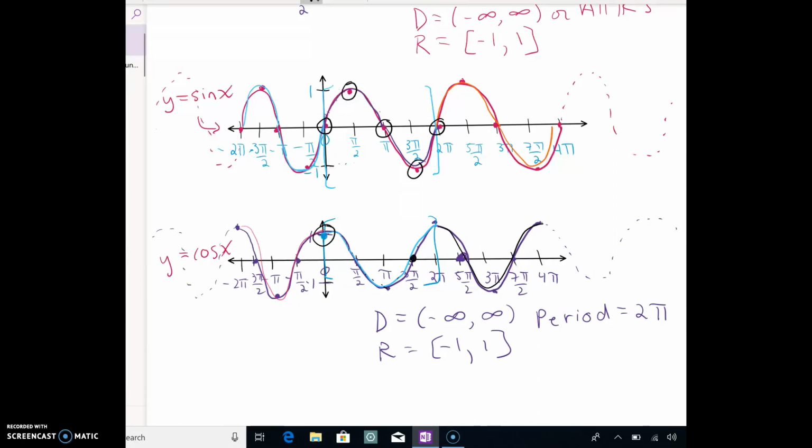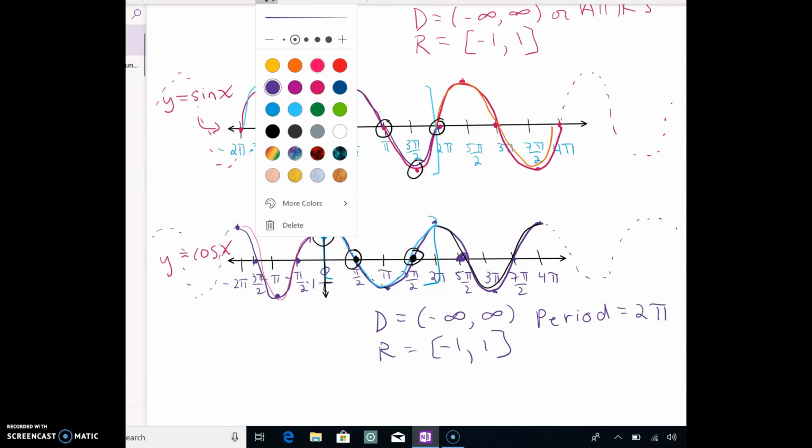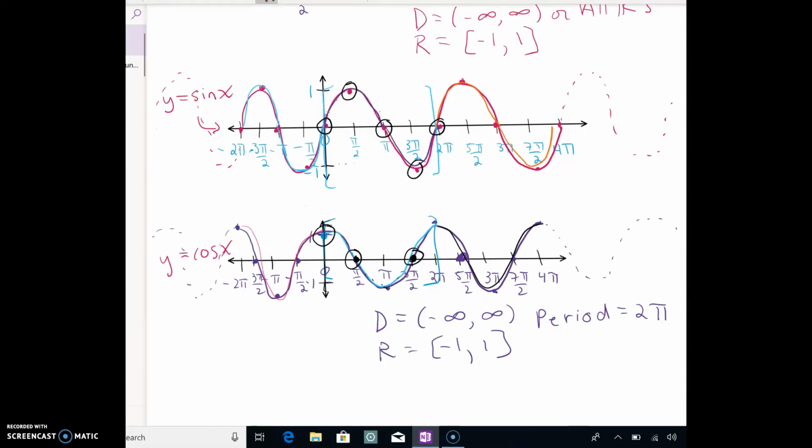Now let's talk about some x-intercepts that our cosine function has. Well, we have an x-intercept here. We have an x-intercept here. So we have x-intercepts at pi over 2 and at 3 pi over 2. And from one period for the cosine function as well, we have 2 maximum values and 1 minimum value. We have a maximum value over here at 0, 1.